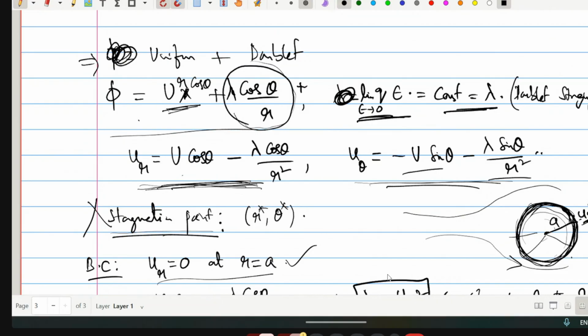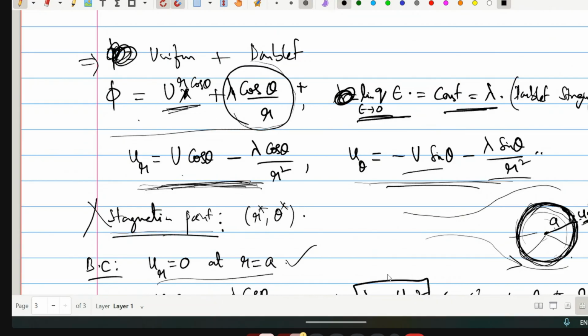So if you only keep the condition at infinity in mind, I can add other solutions like a2 cos 2 theta divided by r square, cos 3 theta divided by r cube. All those solutions you can add, and still the condition at infinity holds.